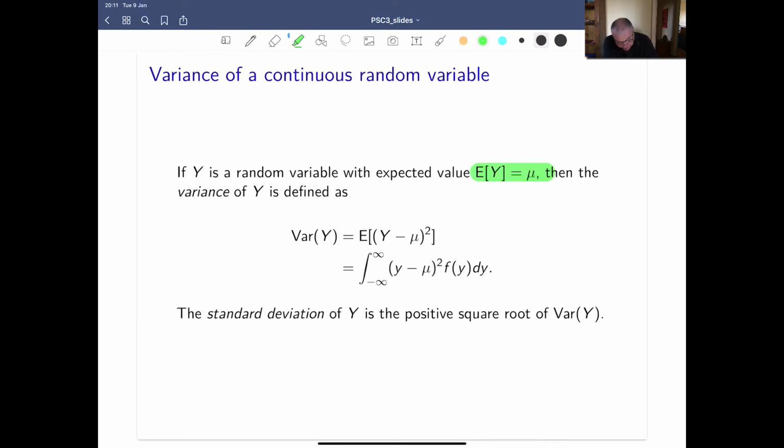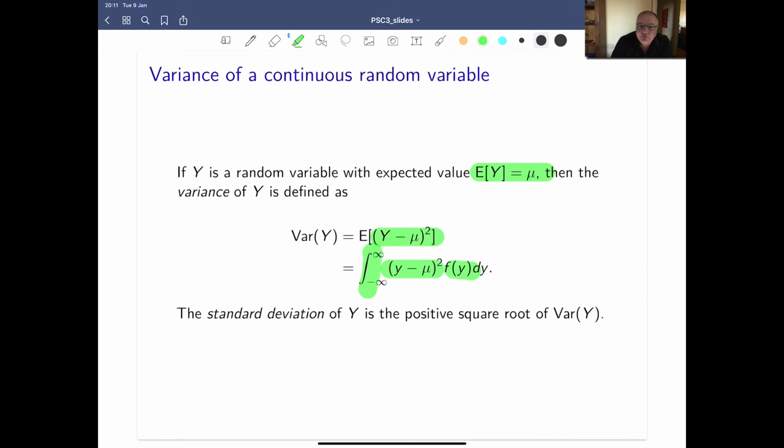There we are. And our variance is the expected value of Y minus mu, all squared. Because this is the expected value of a function, we put in our function there, we multiply it by our PDF, and we integrate from minus infinity to infinity.